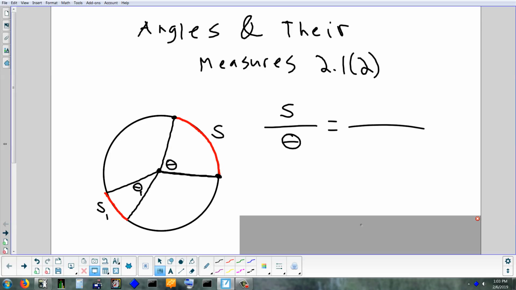I put the arc on top, I put the angle on the bottom. So I have to set it up the same way on the other side when I use the other two letters. So for the fraction on the right, what would go on top? S1. And what would go on the bottom? Theta 1, yes.